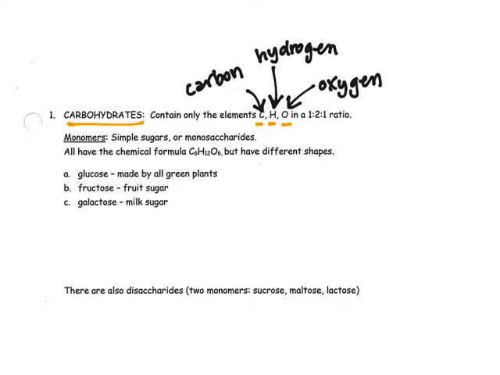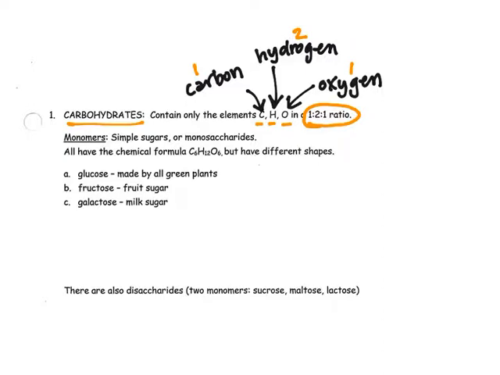And in carbohydrates, we see that these elements occur in a particular ratio, which is pretty interesting, 1 to 2 to 1. So for every 1 carbon, there are 2 hydrogens, or twice as many. And there's the same number of oxygens as carbon. So that's where we see our ratio.